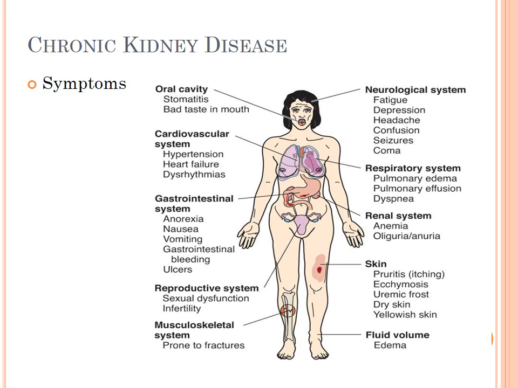Lab values are assessed, and IV insulin with glucose or calcium gluconate may be used to reduce that high potassium, because the IV insulin with glucose is going to push the potassium into the cells, out of the bloodstream.